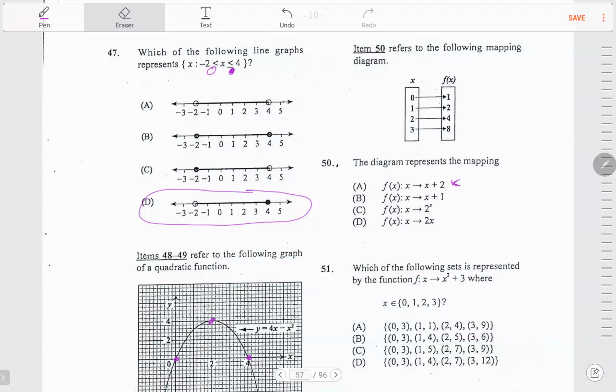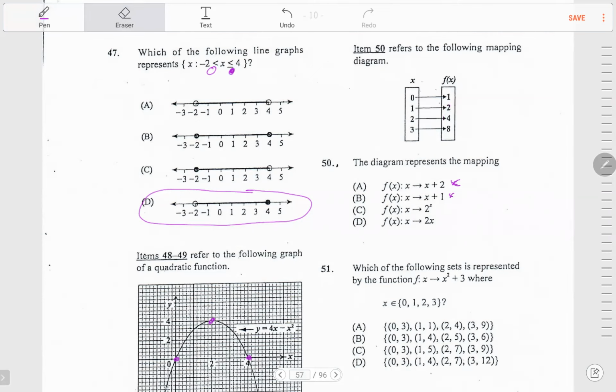And then the next one is asking if it's x plus 1. So 0 plus 1 is 1, so that would work. 1 plus 1 is 2, but 2 plus 1 is 3. This is 4, so that doesn't work either.